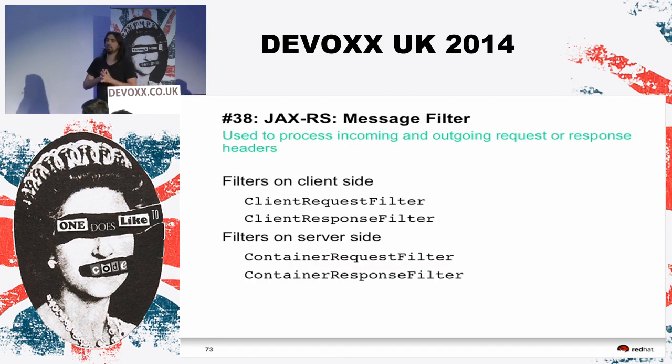Something new in JAX-RS 2 is filters. I'm going to add filters either on the client or on the server, and it can either be on the request or on the response. So I just want to intercept on both ends either the request or the response. We have new APIs: the client request filter, client response filter, container request filter, and container response filter.